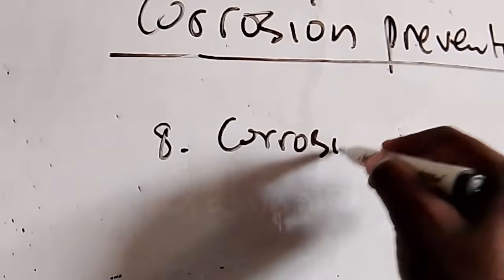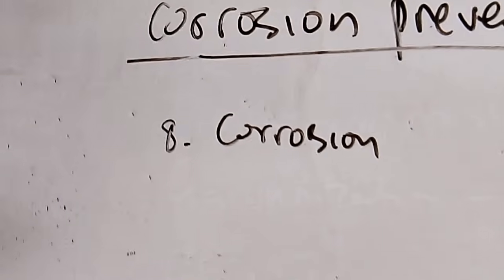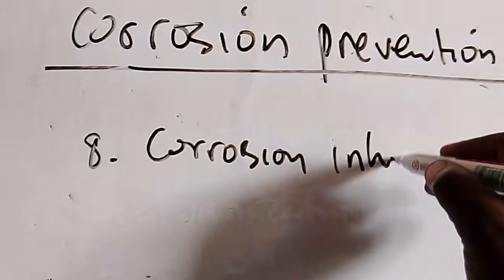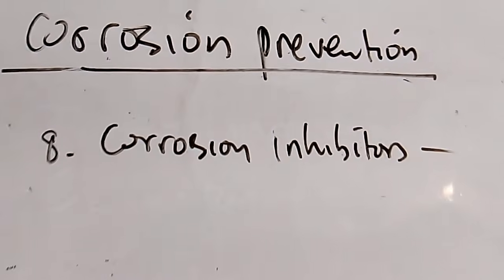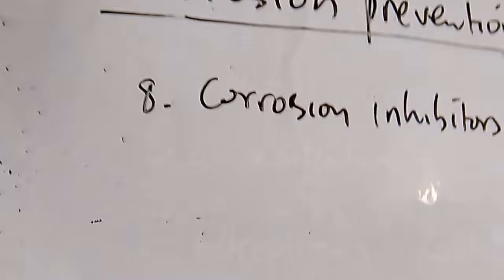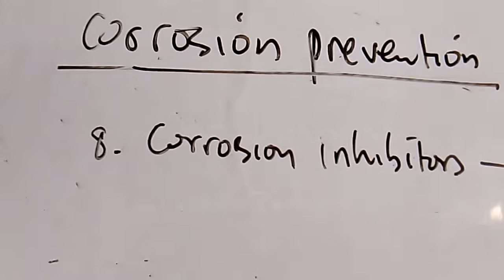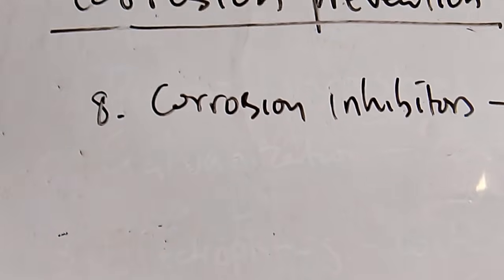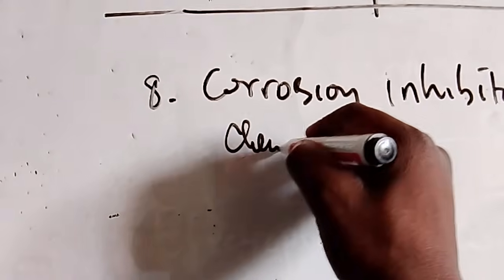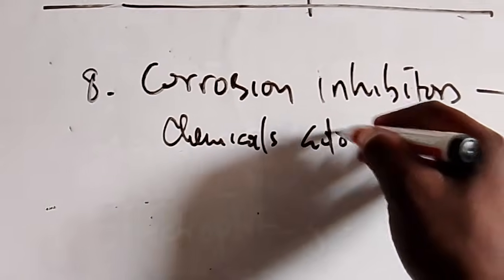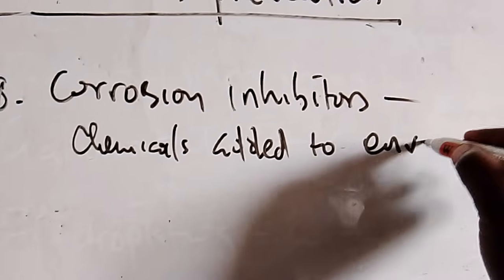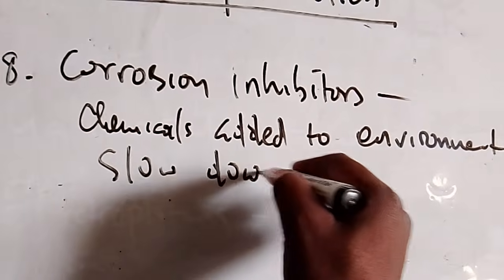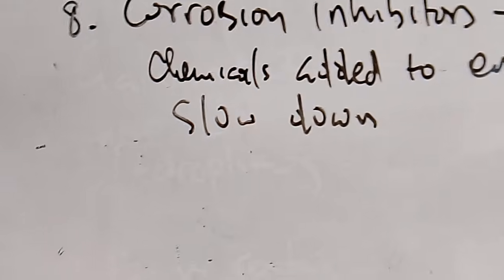Corrosion inhibitors are chemicals added to the environment to slow down corrosion.